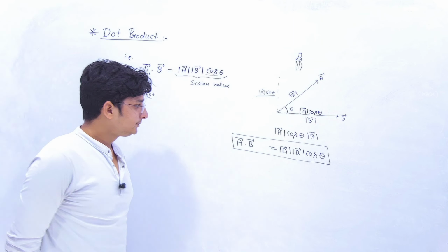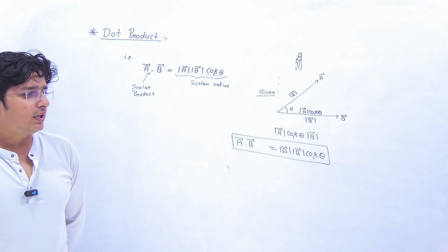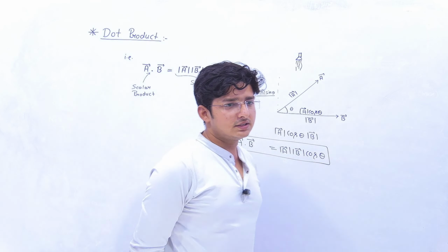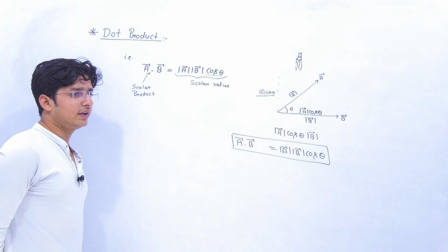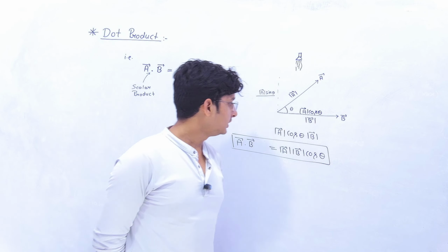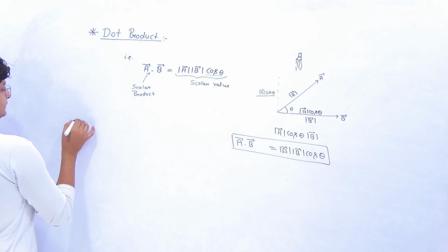Now, you all understand this, but what is the daily life importance of the dot product of two vectors, or a daily life example of that situation? Now, let us discuss that example.